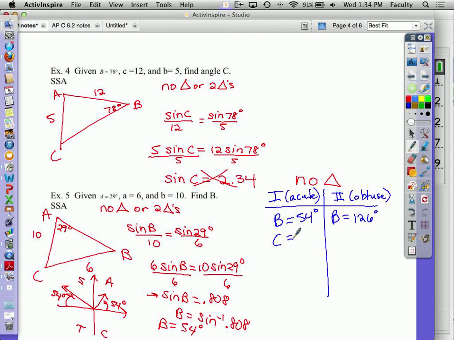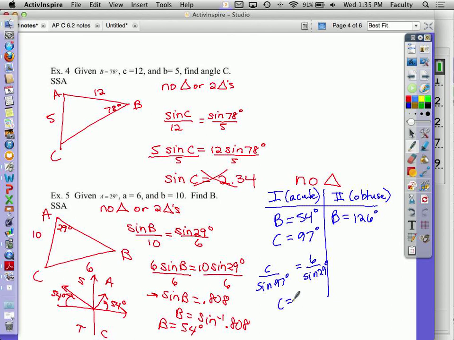I'm going to solve the first one, and then we go back through and do the second one. So to find angle C, you take 29 degrees plus 54 degrees and subtract from 180. I did that and got 97 degrees. Then the only thing missing is side C. So you take C over the sine of 97 degrees, and I'm going to use my given, so it's 6 over the sine 29.